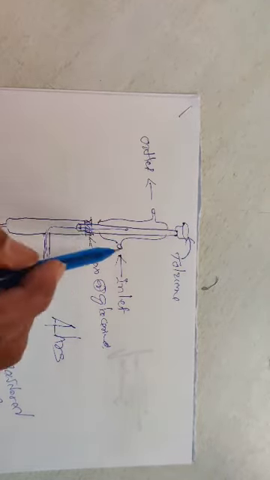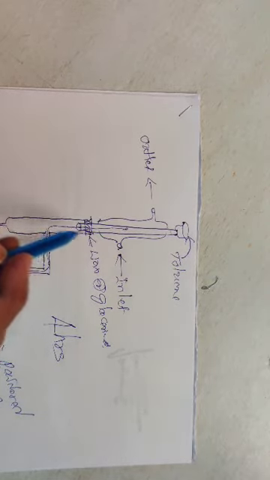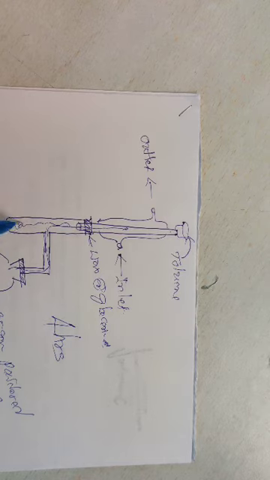But when it comes here, because of the regular circulation of water, it condenses and is collected here in the form of water.